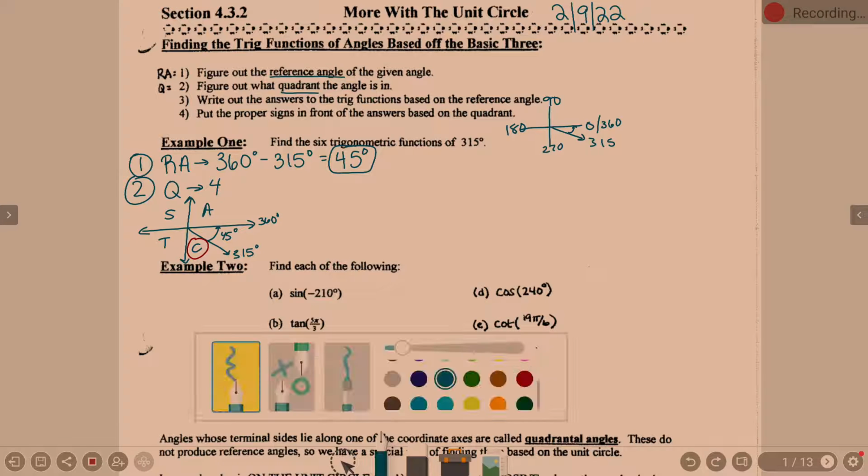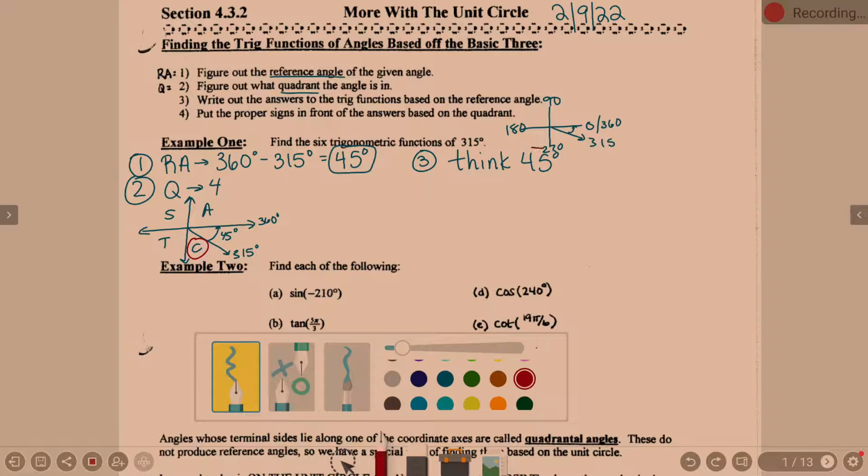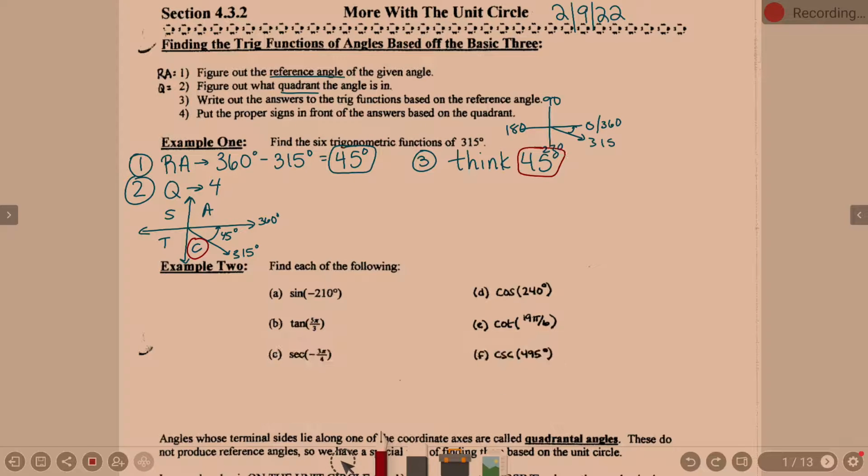Okay, so step 3 is to write out the answers to the trig functions based on the reference angle. So I need your brain to think 45 degrees. And why are we thinking 45 degrees? Because it's in our chart. That's how far we are from the x-axis, right? So we're going to think 45 degrees when we write these.